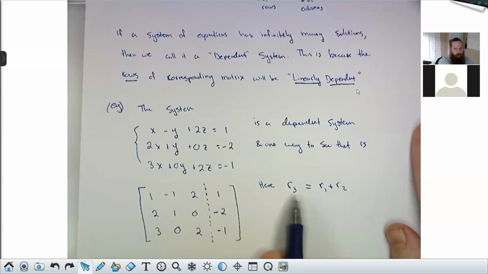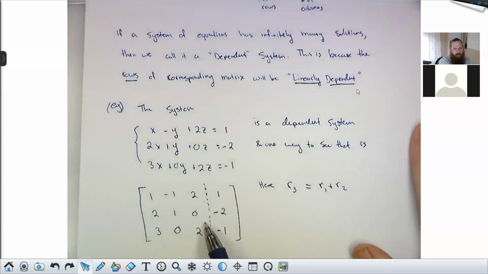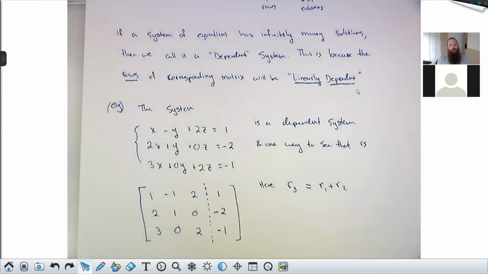So it's possible to get row 3 as a combination of the other rows. Any such matrix corresponds to a system with infinitely many solutions. So we call the system dependent because the rows of the matrix are linearly dependent. You can build one as combinations of the others.